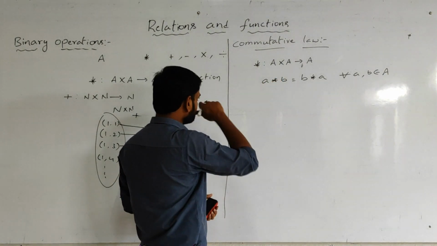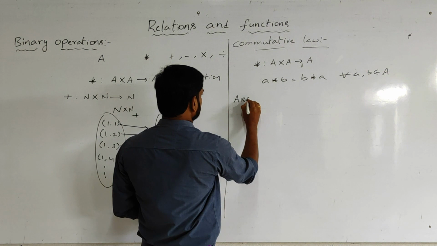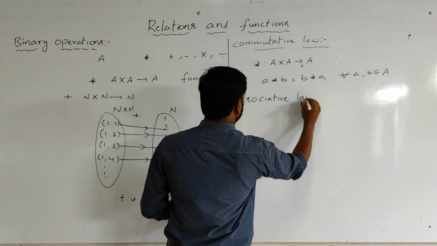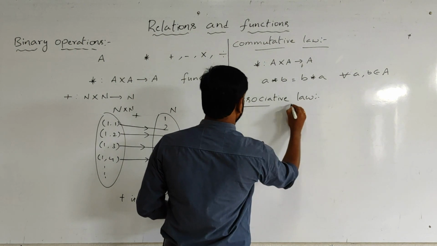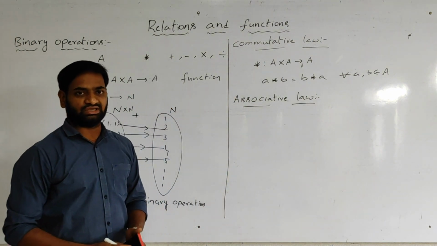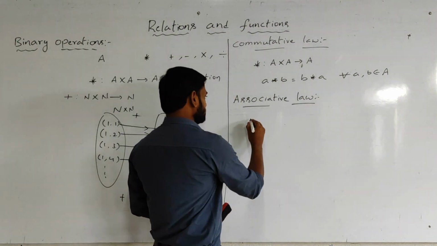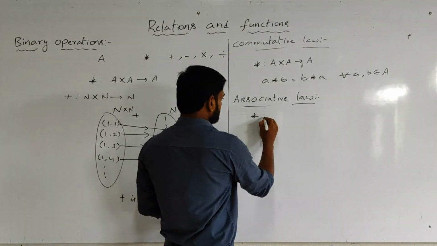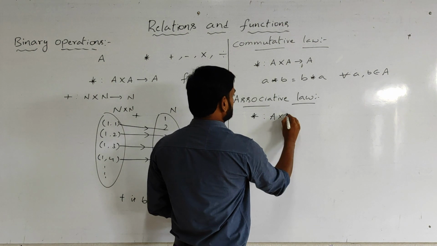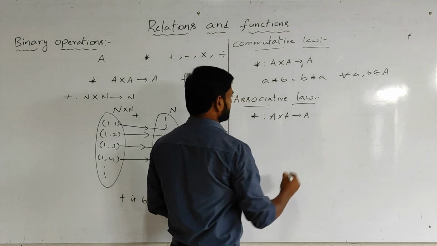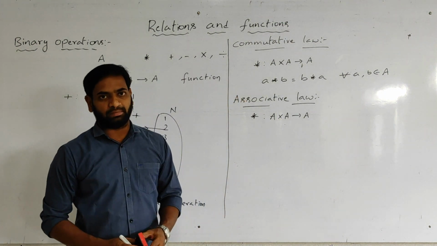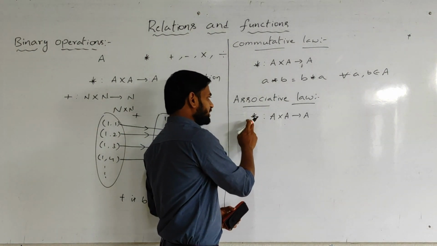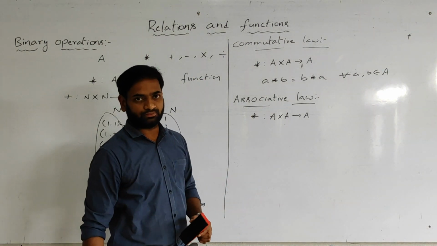Next, associative law. Now see here, same, I am taking a binary operation star from A cross A to capital A. When can you say this binary operation is associative?